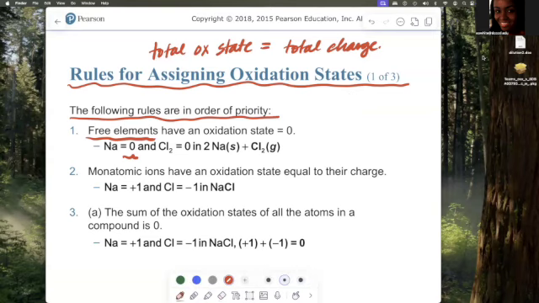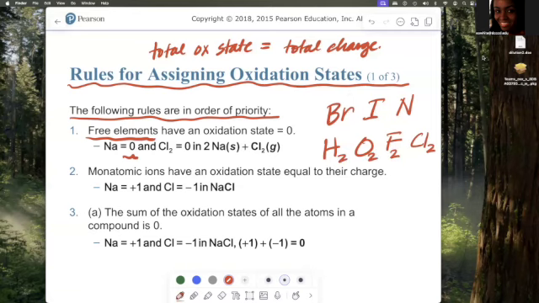So for the Brinkelhoff family, if your element is bromine or iodine or nitrogen or hydrogen or oxygen or fluorine, I didn't go through all of them, because Cl is not here. All of these have to be in the molecular state for them to have an oxidation number of 0, because we tend to find these elements as diatomic molecules in nature, right?